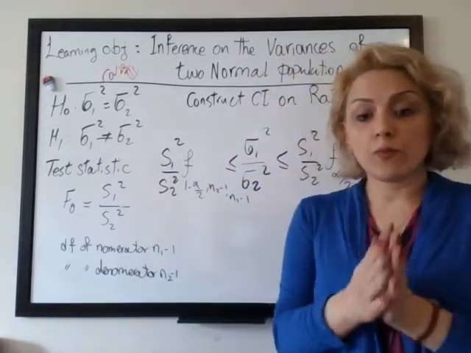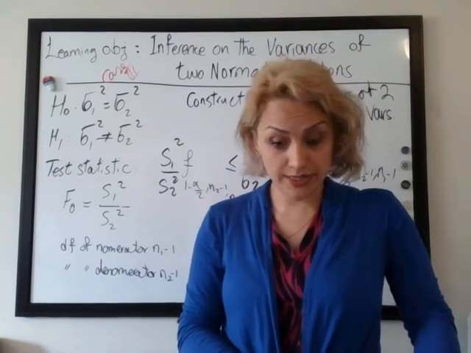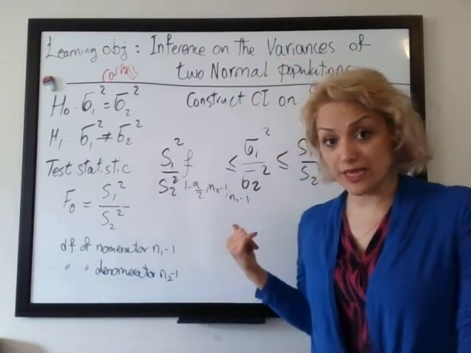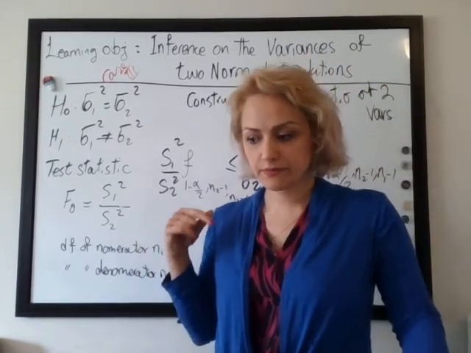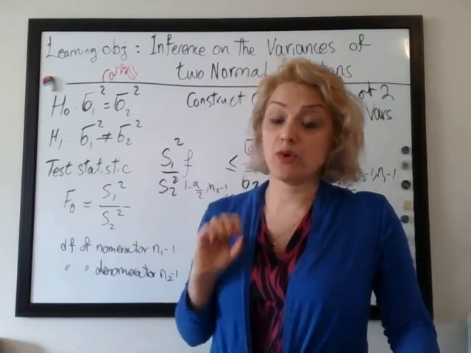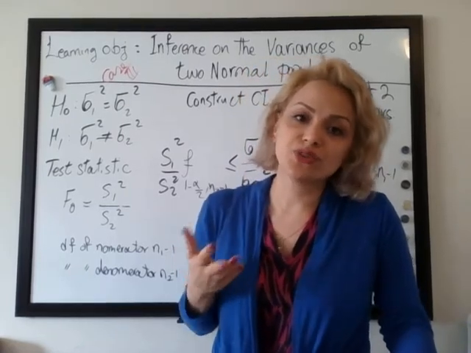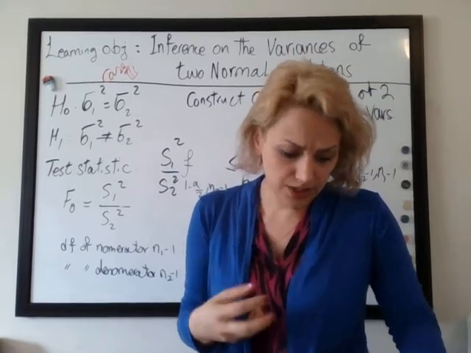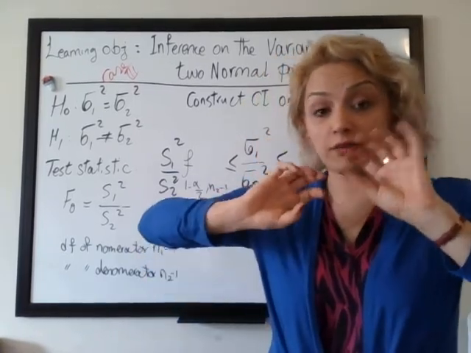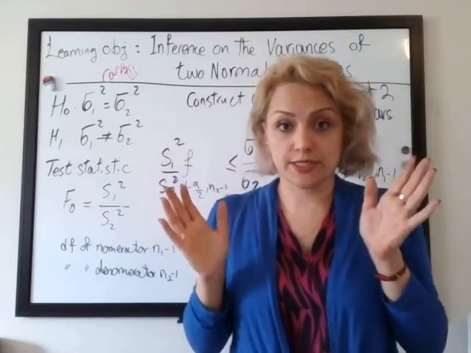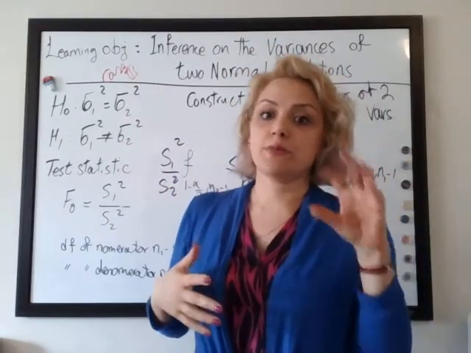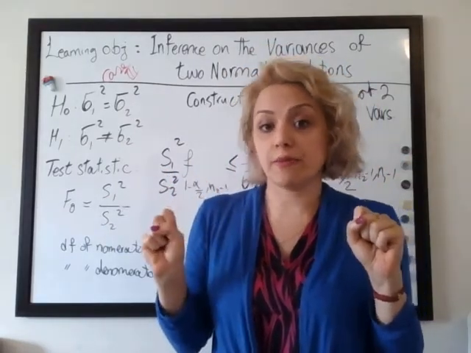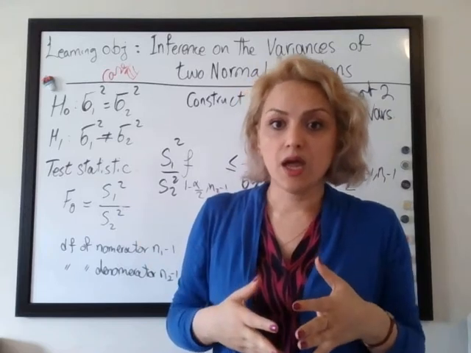The tricky thing for case 3, when we have more than one sample, is how to read the data from the F table. You should be careful that deciding n1 and n2 is your choice. You would say this is my sample number 1 and this is sample number 2, it doesn't matter. Just be consistent with it.